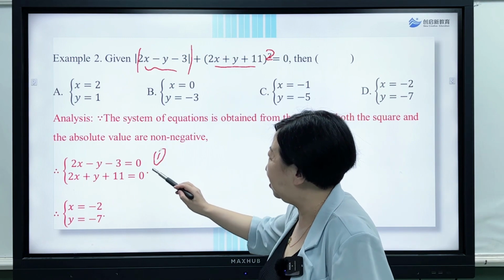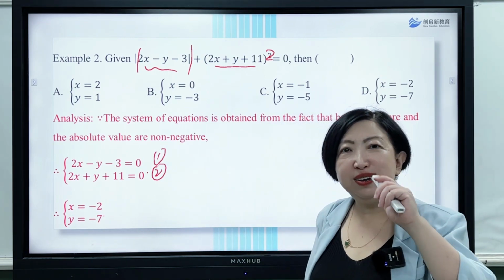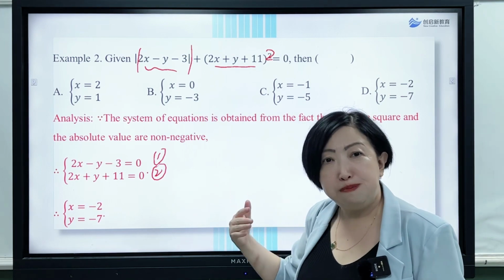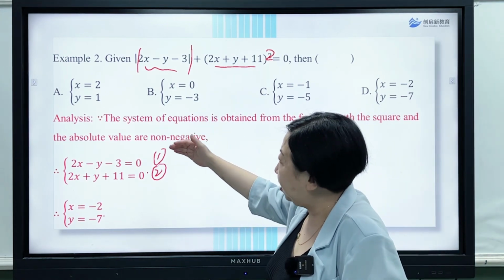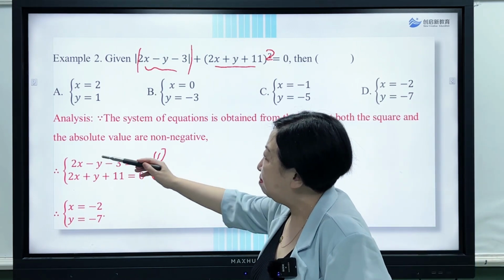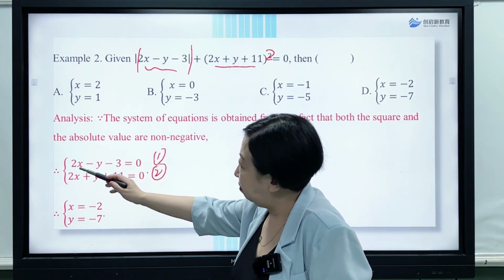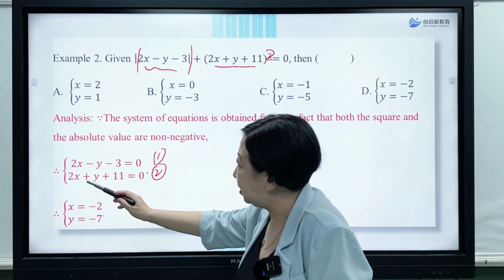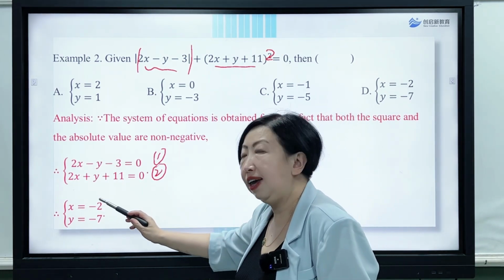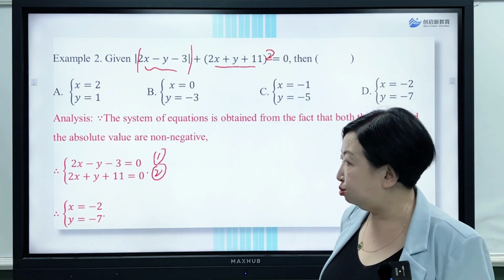Here we can use addition or subtraction. If we add the first and the second, we get 4x equals negative 8, so x is negative 2.